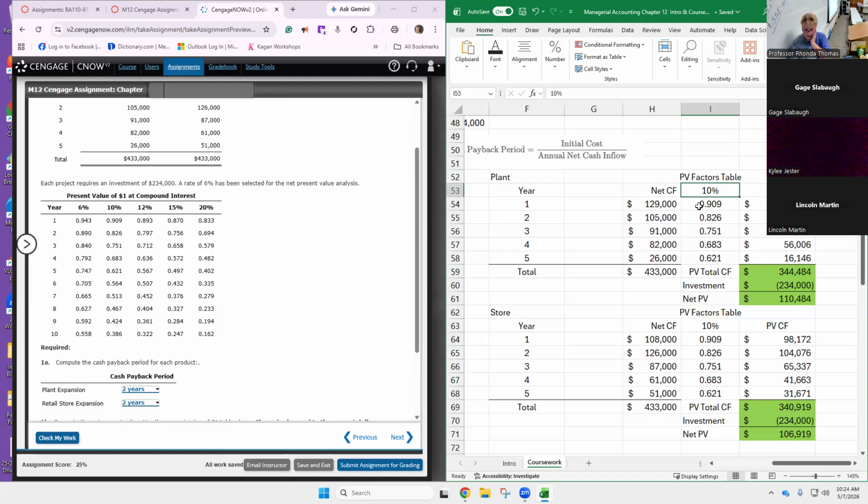So I'm going to put 6% and I'm going to key in what those are. And then I'm just going to copy that for the store option. So I'm just keying in my present value factors under 6%.